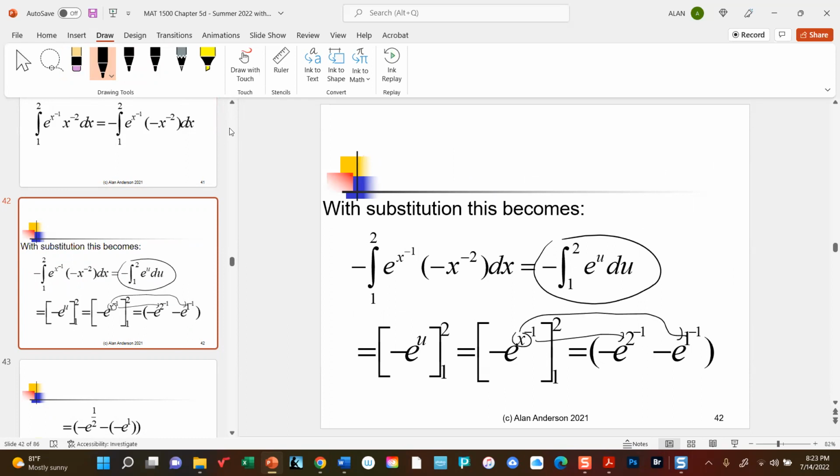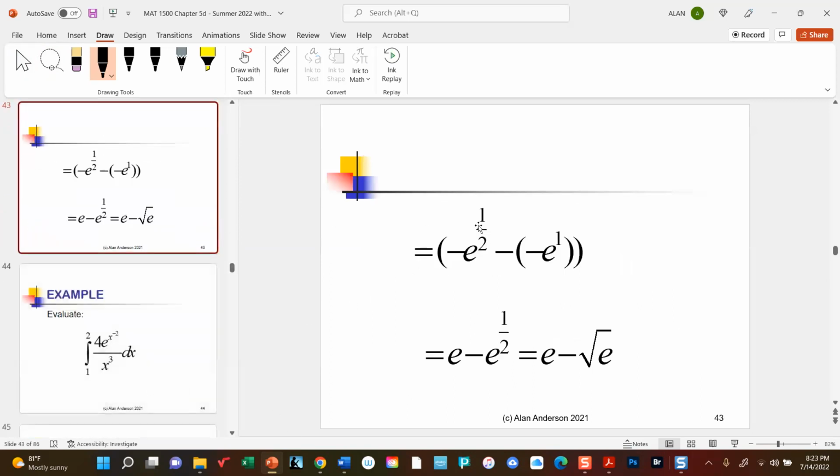So it's minus e to the 2 minus 1 to the -1 power. Oh, you know what? There's a typo here. This should be minus a minus. I see that it's been corrected on the next slide, though. Because there's a negative already here, and you're subtracting a negative. So you're going to wind up with minus e to the +1/2 minus a minus e to the 1.